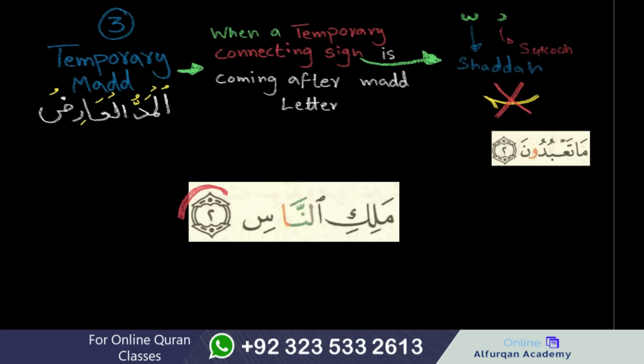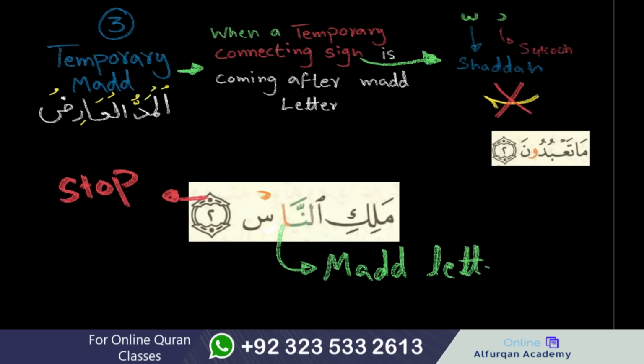In this example, also the ayah is completing, so we are going to make a pause. So at the time of stop, first of all, we are going to check the last sign. If the last sign is fatha, we are going to convert it into a connecting sign. And before that, letter alif is a mad letter.